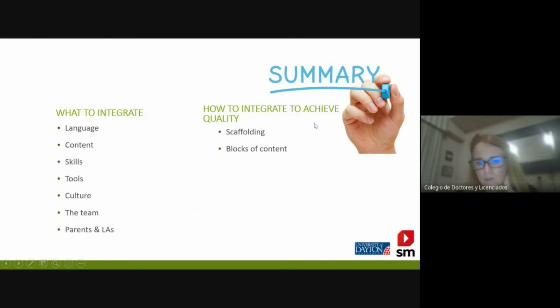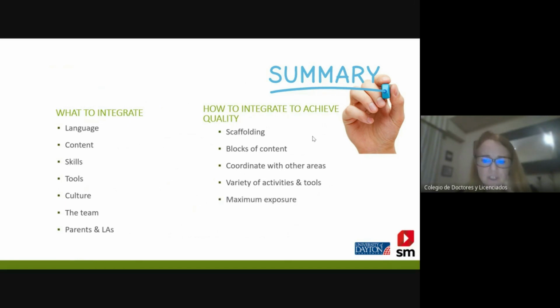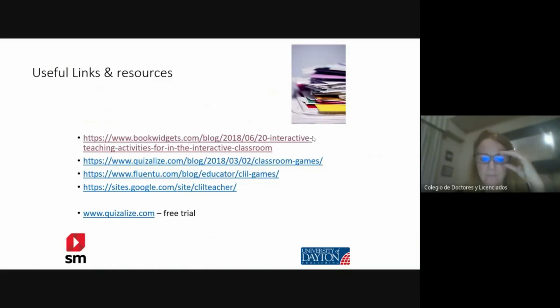It's better to use blocks of content, coordinate with other areas in your year, in your school, and use a variety of activities and tools, with maximum exposure to the language. That means not just in the science, but in the other subjects that they're doing. It also means inside the classroom and outside the classroom.